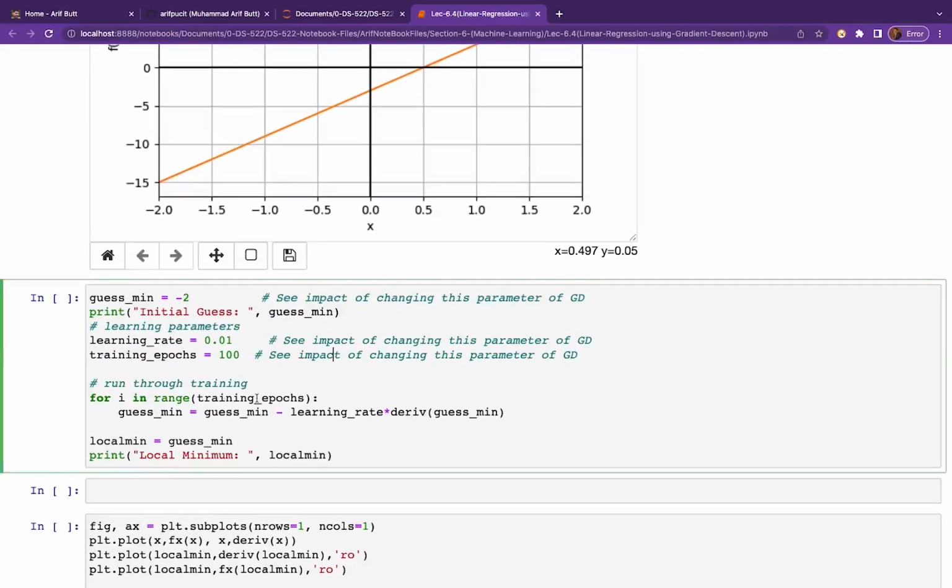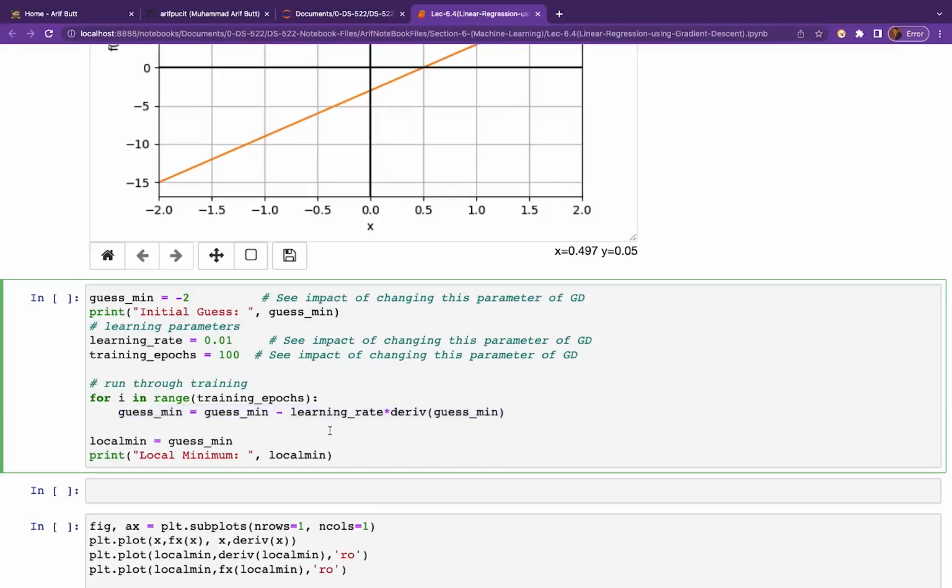Well, this code cell actually implements the gradient descent algorithm as we have discussed it in detail already. Note the three parameters: our initial guess, learning rate, and training epochs. See the magic line inside the loop, which is actually updating the minimum guess with a step that is a multiple of learning rate and derivative of the function at current minimum guess.